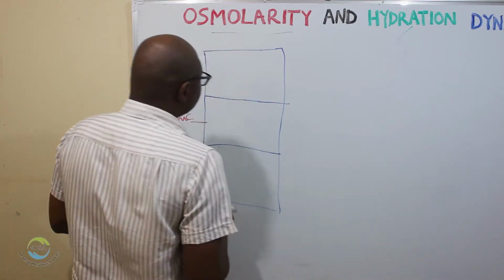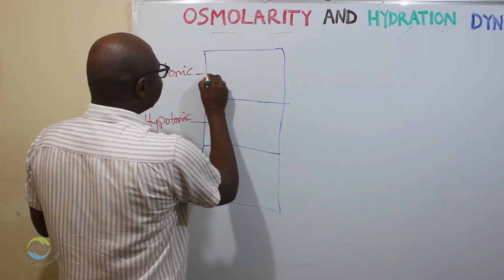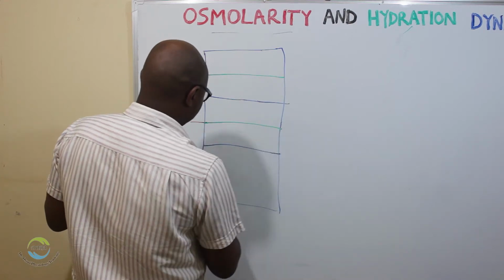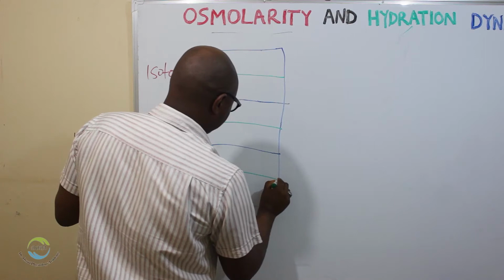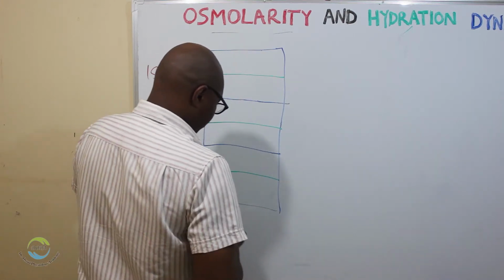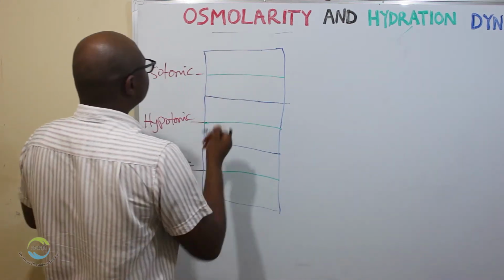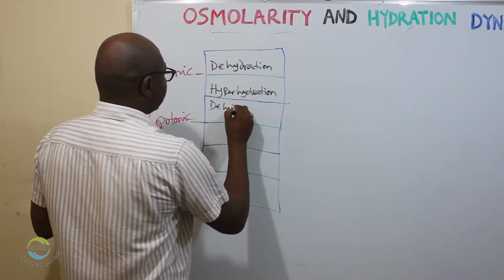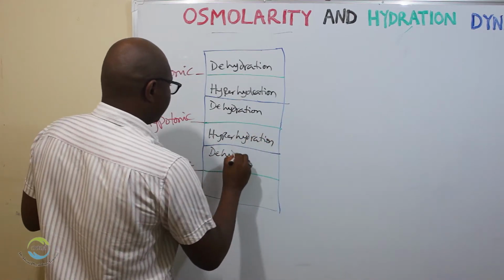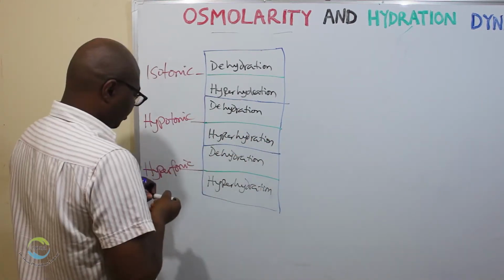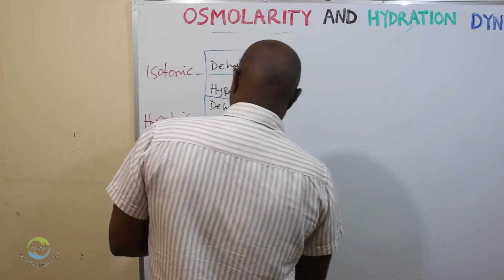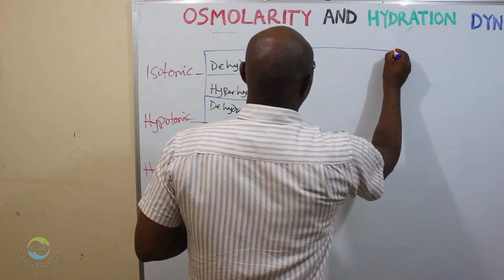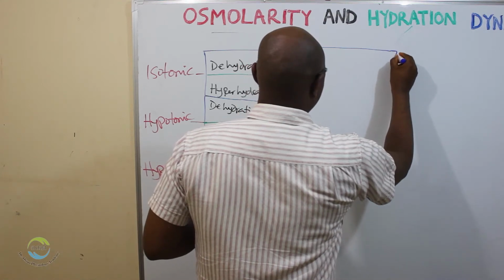So, we go ahead and we divide this into two. Okay? So, we'll draw another. Okay?